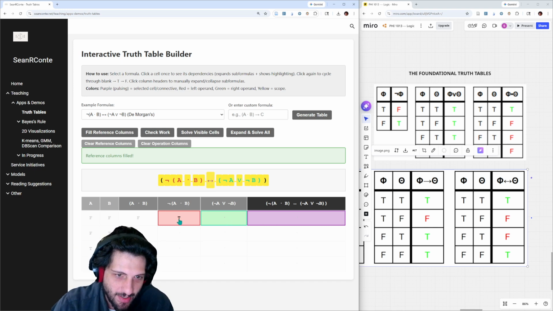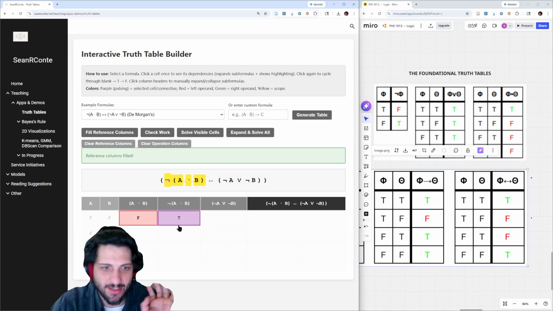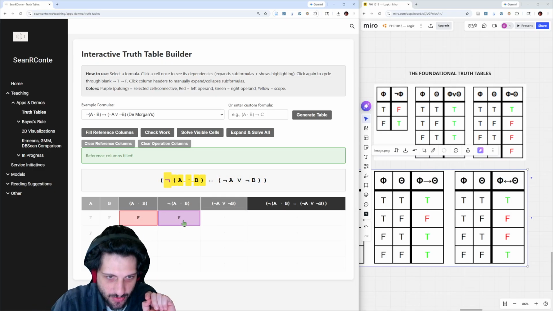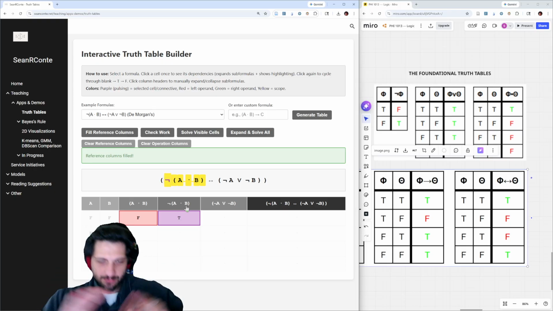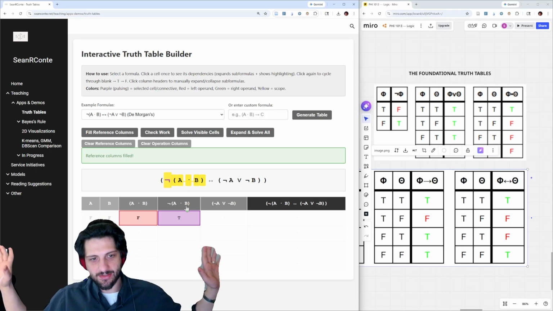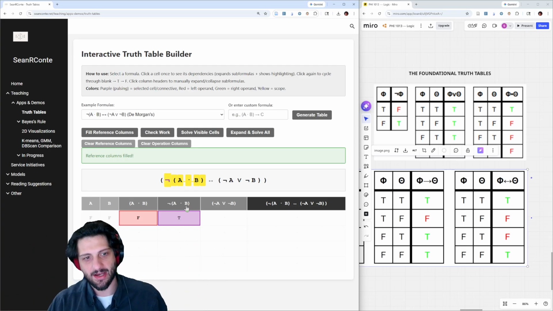Real quick, before I do that, I just want to re-emphasize, because this is just a classic thing that people will mistake. Some of you might have been confused when I put true here, because you're like, wait a second, you have a false there, but isn't A false and B false? But you're trying to do too much at once. Again, you really need to only think about one thing at a time.